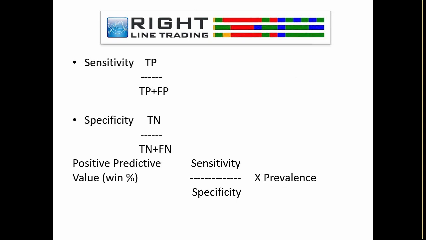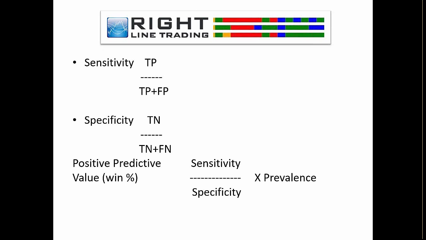Now, just a little bit about trading methodology. You can trade with sensitivity or trade with specificity, or you can make a trade-off on the two. And you have to have a specific goal in mind when you trade, because it all has to be based on math. Now, if you trade with sensitivity, your goal in trading is to try to get every true positive move.